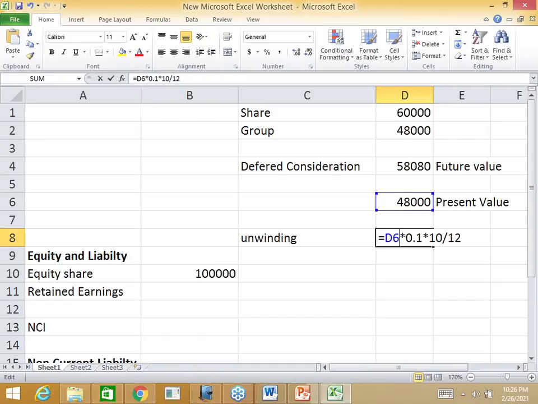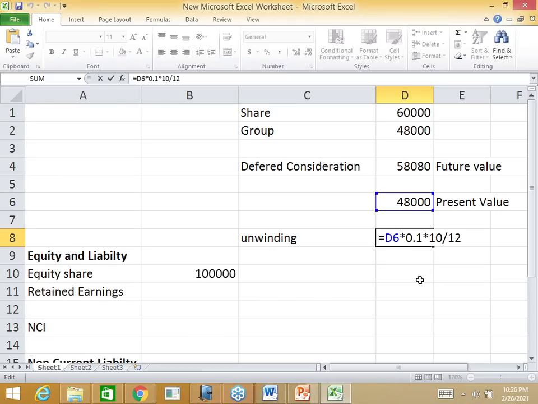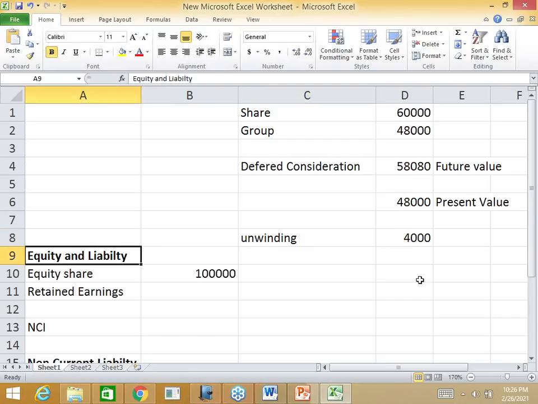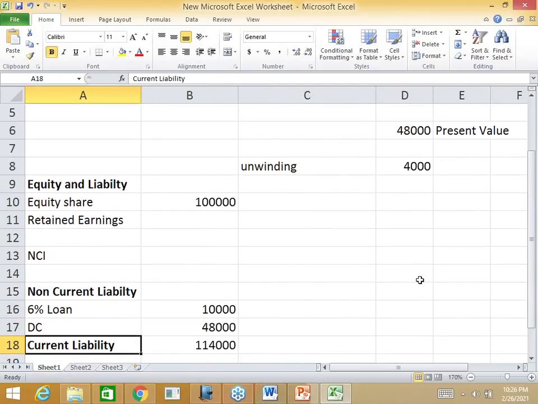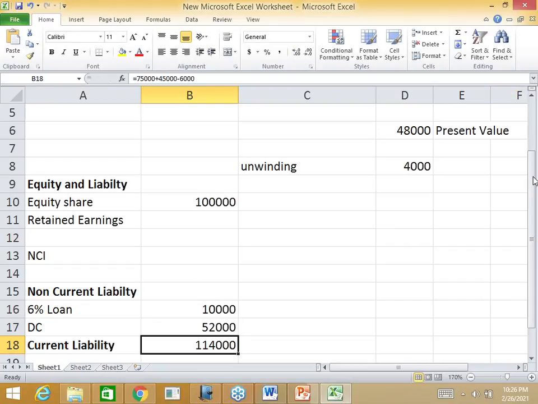That's 4,000. Unwinding of discount will be 4,000 from here, by simply adding the figures. That will be 52,000.